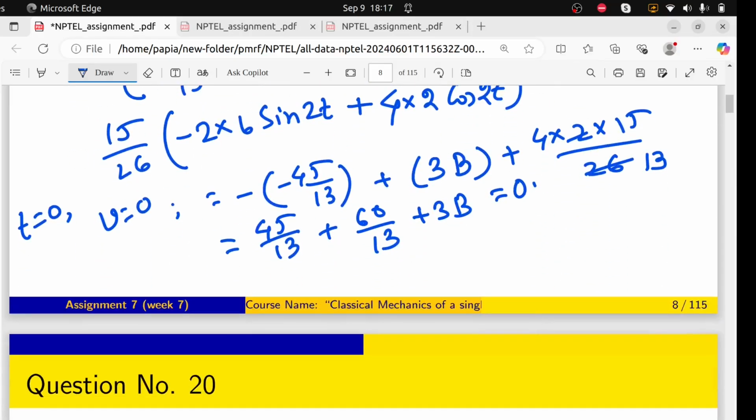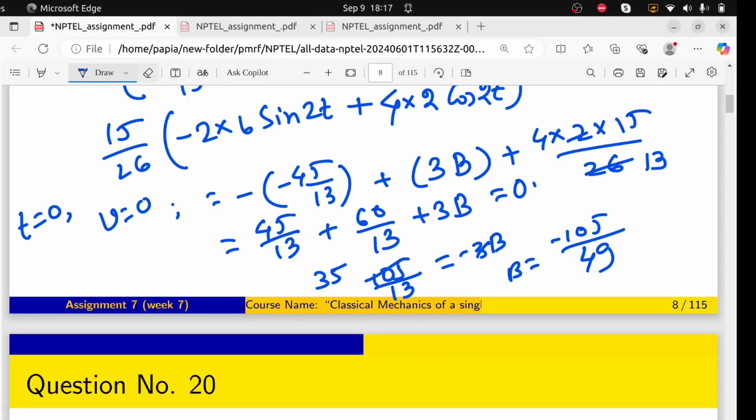So 105 by 13 equals minus 3b, and b will be minus 35 by 13.